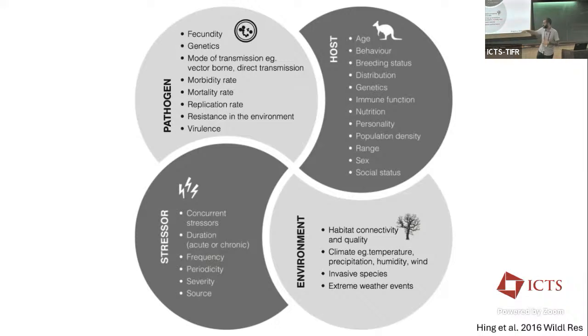And obviously, the environment depends on how connected the environment is at the beginning, and how much of that connectivity remains after disturbance. And then some of these other extrinsic factors like climate and extreme weather events can really play a big role here.